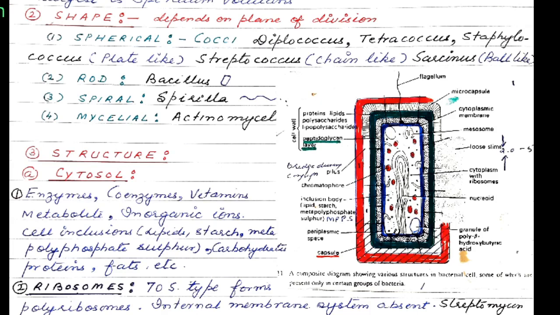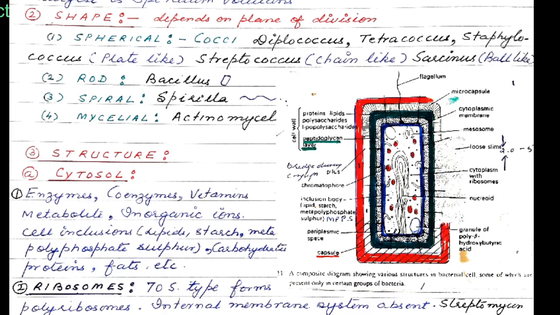Depending upon the composition of the cell wall, bacteria have been divided into two classes, gram positive and gram negative. We'll study separately the differences between them, and the difference is created by the wall itself.